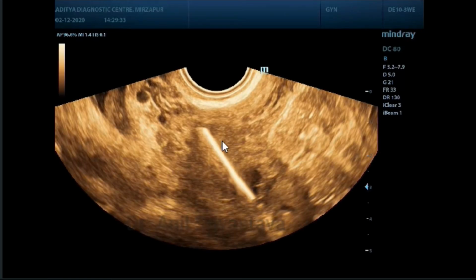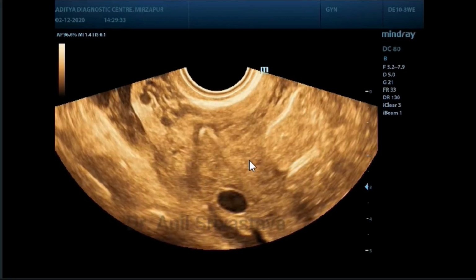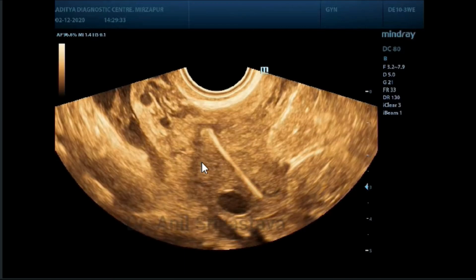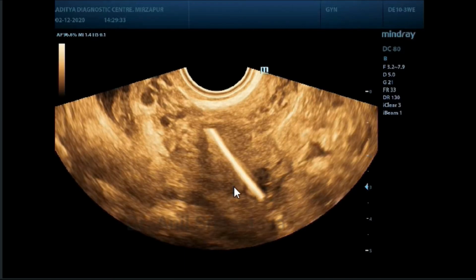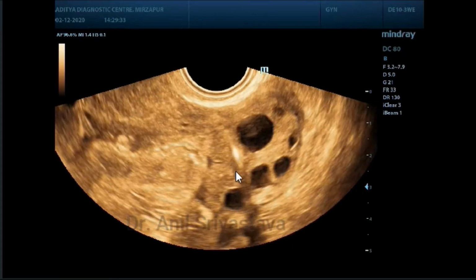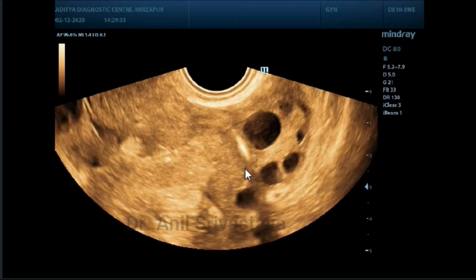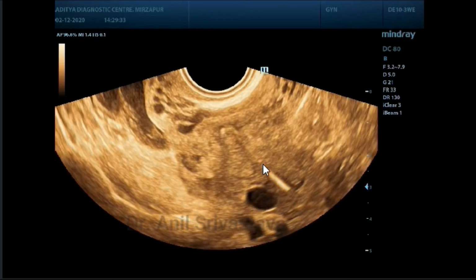IUCD, this is echogenic. Multiple small follicles in right ovary. This is lying in ovarian substance.